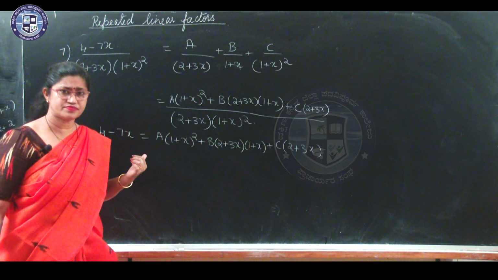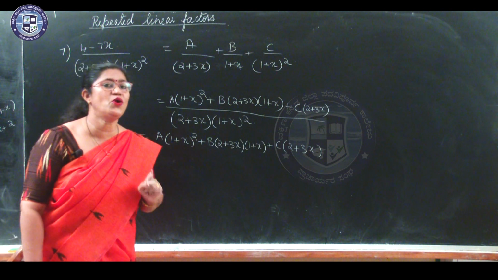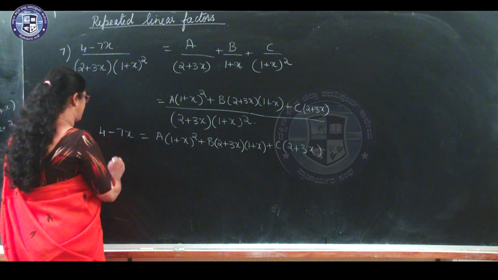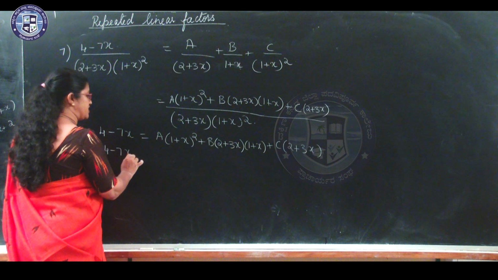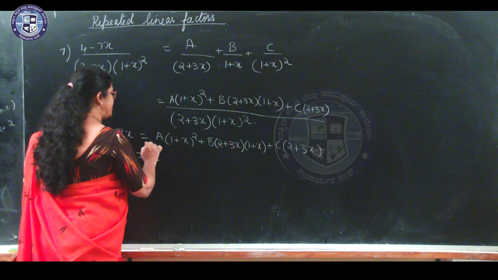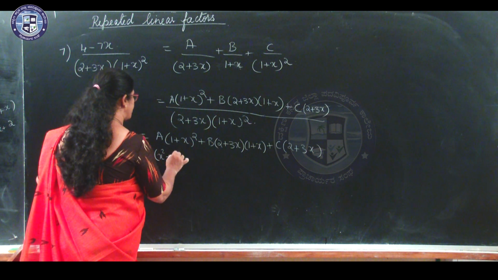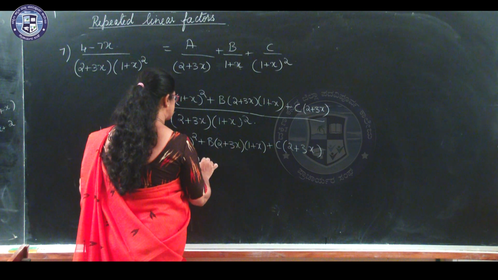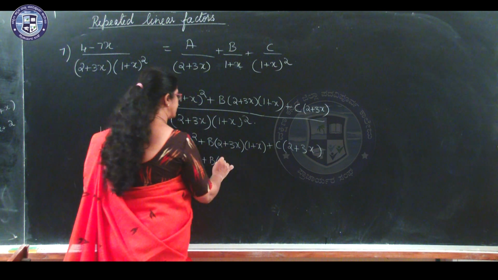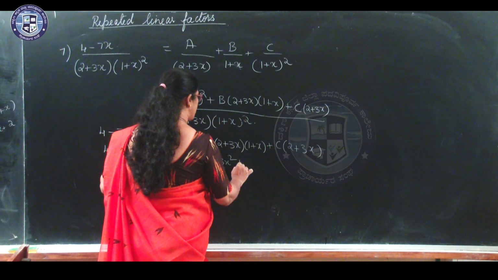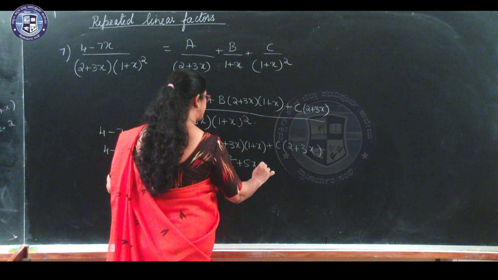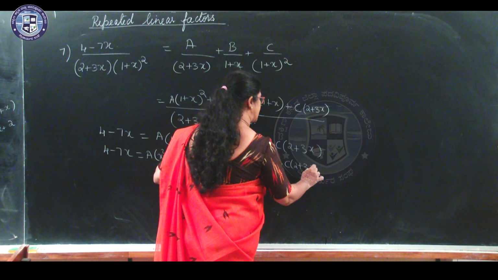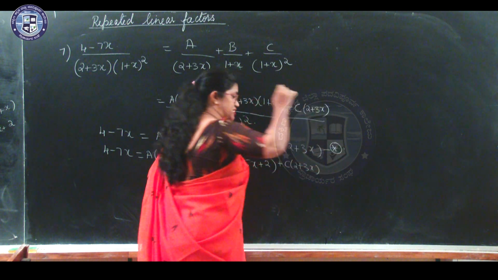Now, here I already know that it is repeated factors, so I will do that one extra step first only. 4 minus 7x is equal to A into, when I expand, x square plus 2x plus 1. Now expand this: I will get 3x square plus 5x plus 2, plus C into 2 plus 3x. This I write as star.